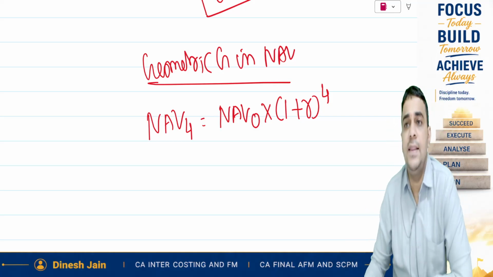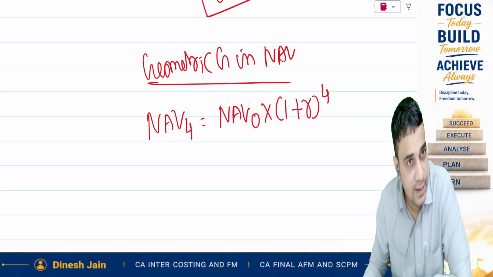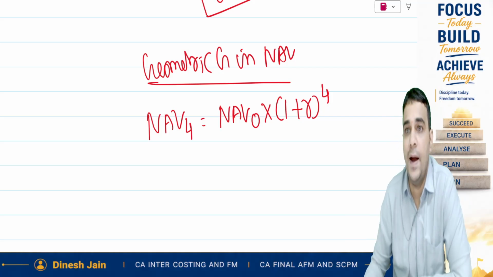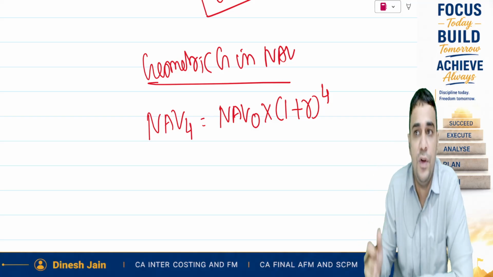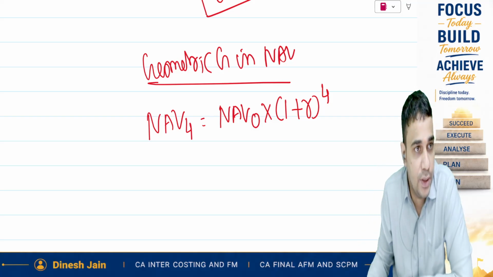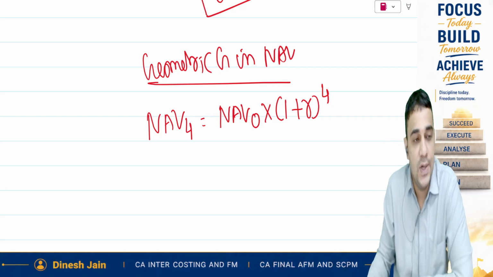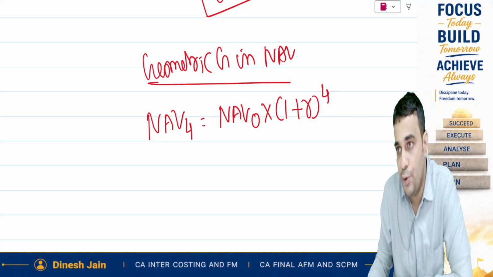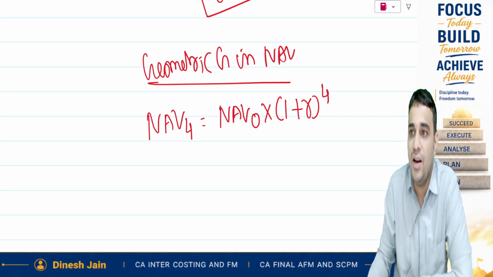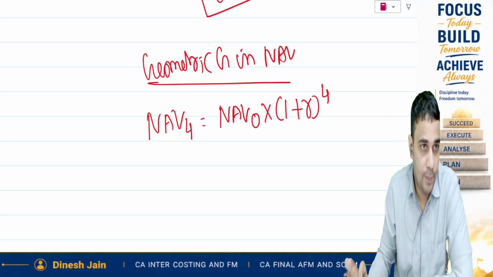If I exit in the third year, NAV 3 equals NAV 0 into (1 plus R) power 3, which your calculator can't do. We will have to do it in the IRR route. If you exit in the second year, NAV 2 equals NAV 0 into (1 plus R) square. Able to understand this?